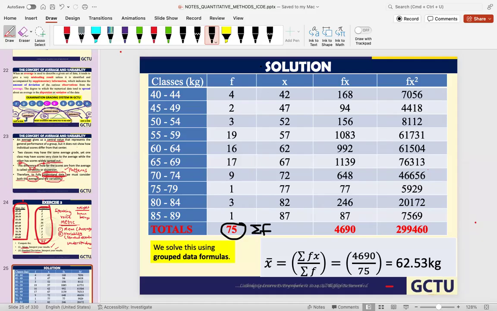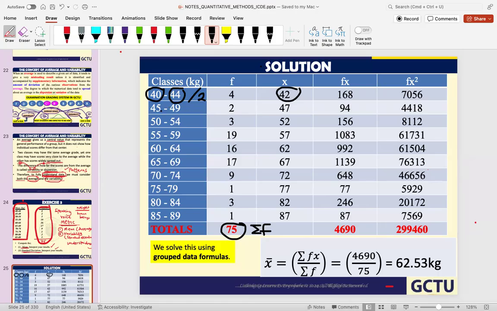Then we come here and create your x. Those of you who have forgotten how to create this x, all you do is pick the first number here, add it to the second number here, and then divide it by 2. When you do that, you have 42.